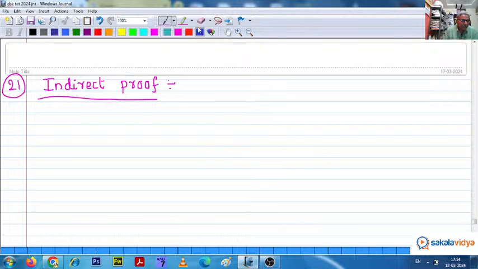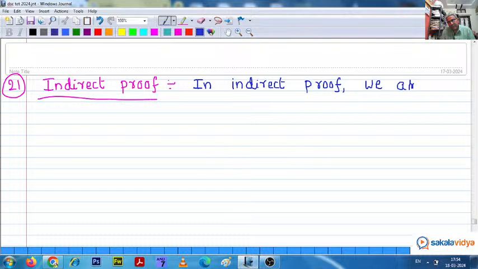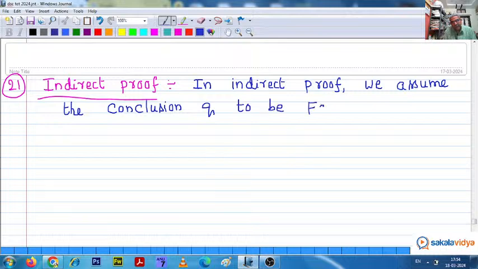See, in indirect proof, we assume the conclusion Q to be false.